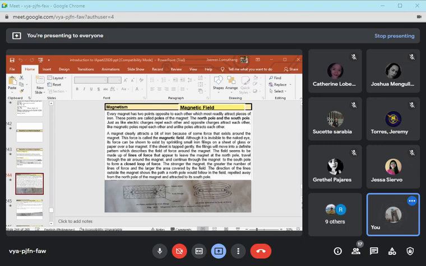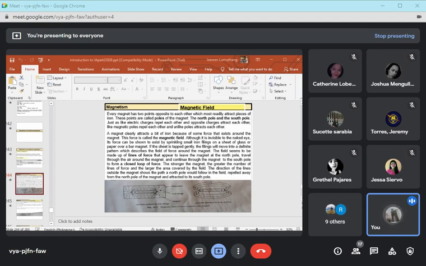If we relate this specifically to a magnet, like poles repel: north and north repel, but north and south, being opposite, attract each other. So again, like magnetic poles repel each other, and unlike poles attract each other.